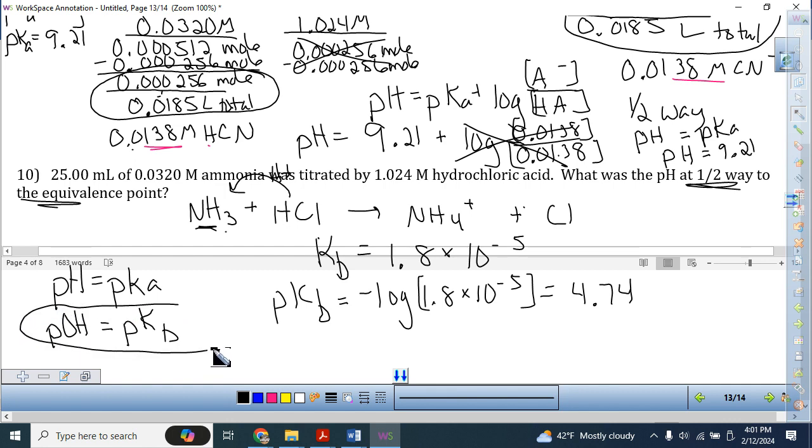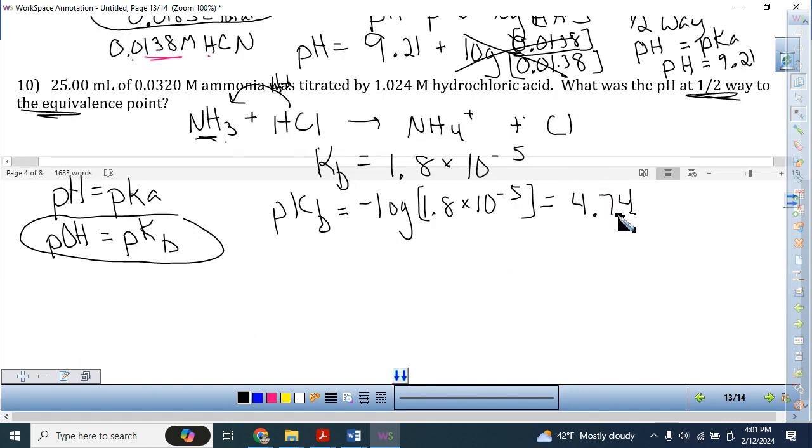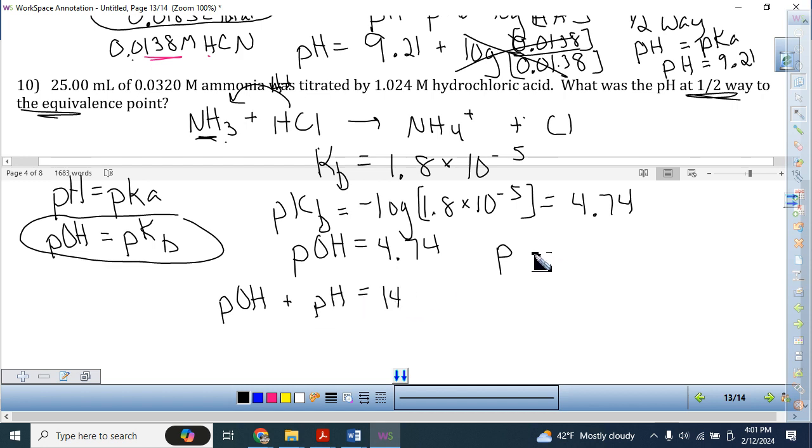The pOH equals the pKb at halfway to the equivalence point. So my pOH equals 4.74, the pKb. And because the pOH is 4.74, and I know the pOH plus the pH equals 14, the pH equals 9.26. Okay, just remember that the pH equals the pKa halfway, and the pOH equals the pKb.